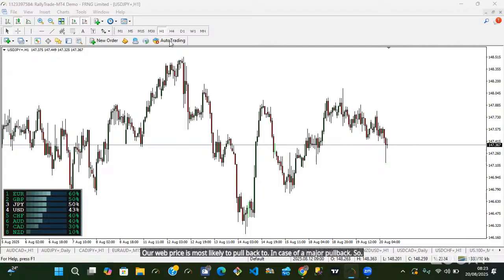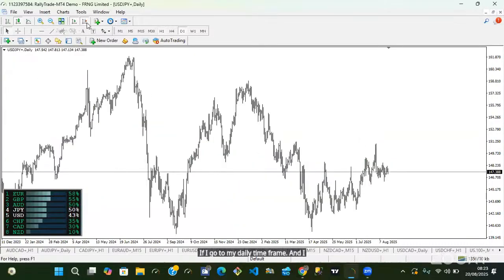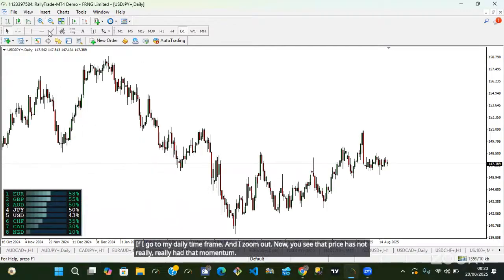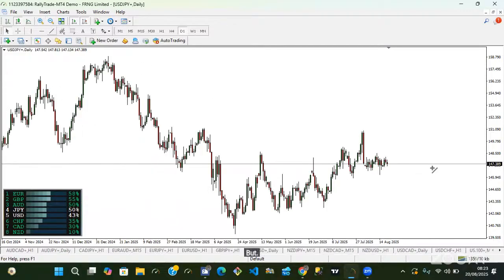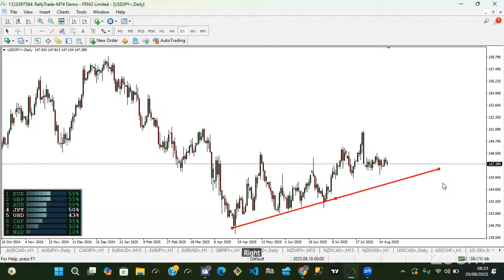So for instance, if I go to my daily time frame and I zoom out, you see that price has not really had that momentum, but I can still see some momentum push to the upside from here. Let me hide this floating panel.